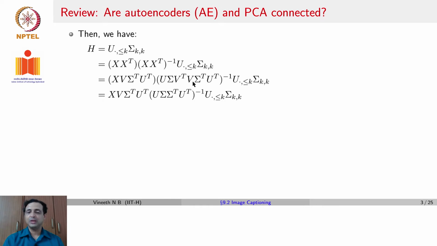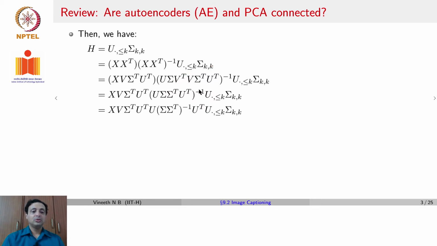Hence V transpose V will be V inverse V, which means it should be I. So when this term is V inverse V, which is I, because V is an orthogonal matrix, that collapses and you're left with U sigma sigma transpose U transpose.